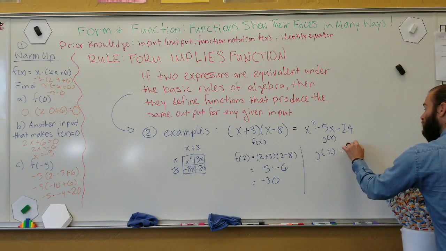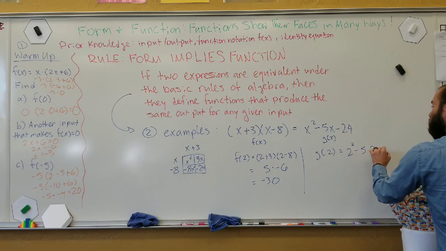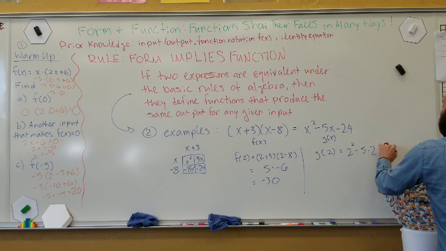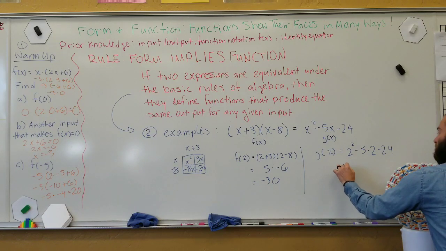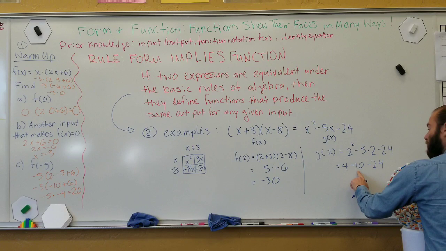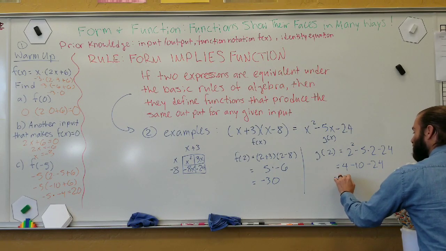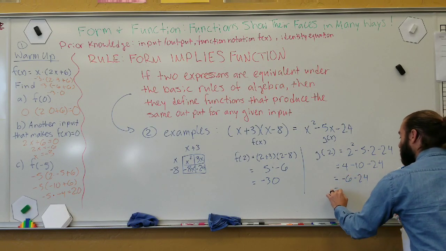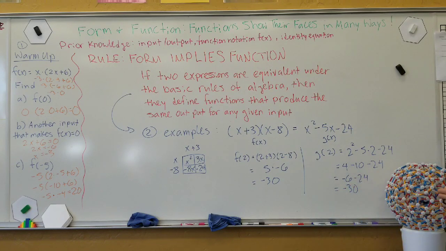So that's going to be 2 squared minus 5 times 2 minus 24, which is 4 minus 10 minus 24. 4 minus 10 is negative 6, minus 24 is negative 30. It's the exact same thing.